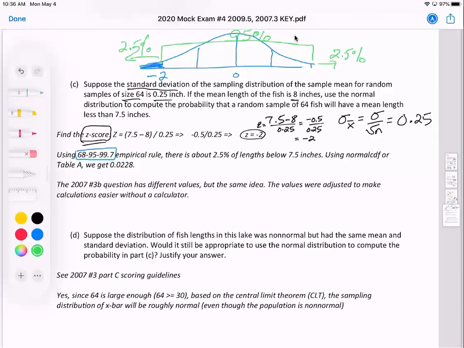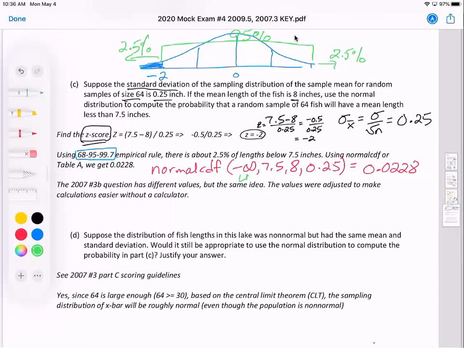Now you could do normal CDF, whether you use a z-score or not. You do normal CDF, it's negative infinity to 7.5, 8, and then 0.25. Now, if you did that, left it like that, that would be the wrong answer, even if you wrote that it's approximately that.